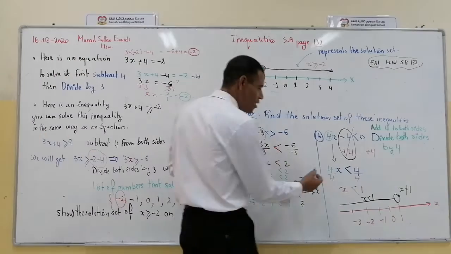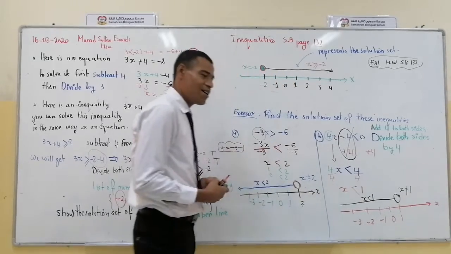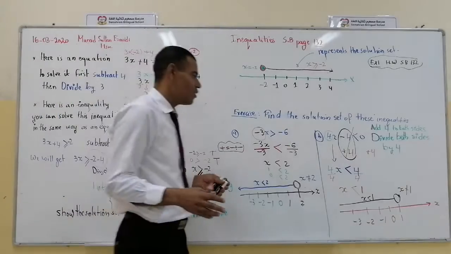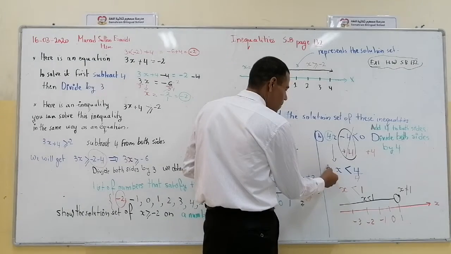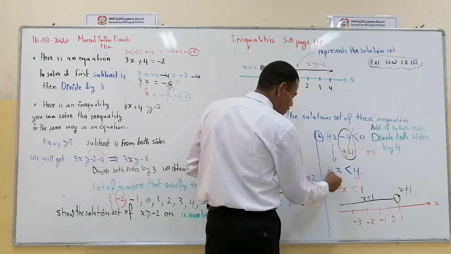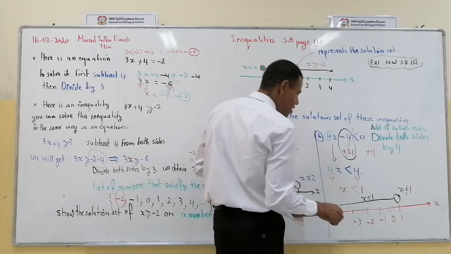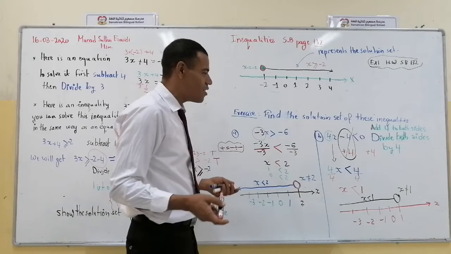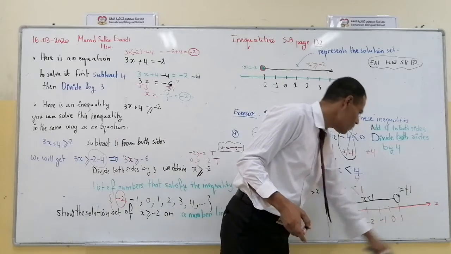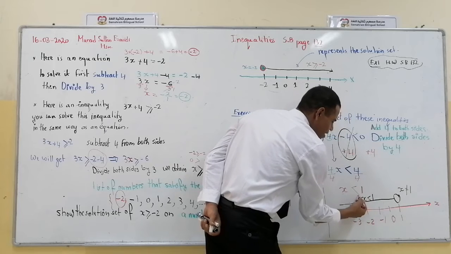Very good. Then, to isolate x, here we have 4x. I want to write x itself, so I will divide by the coefficient of x, which is 4. I will divide both sides by 4. 4 divided by 4 gives x. Then 4 divided by 4 gives 1. Now, in order to find the solution set, I will draw my number line. What is the first number? x is less than 1.